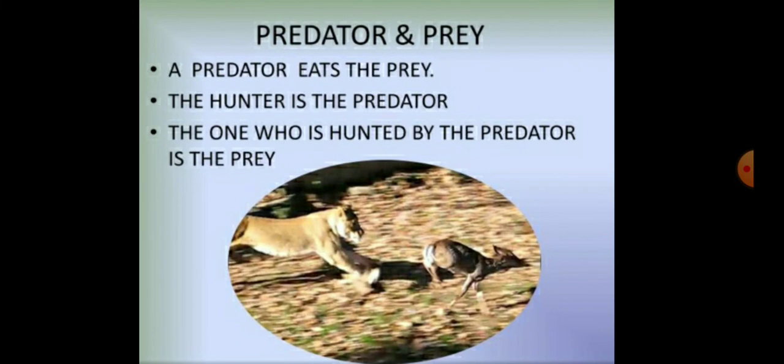Children, what do you mean by prey and predator? A predator eats the prey, and the hunter is the predator. You can see in this picture who is the hunter, and the one who is hunted by the predator is the prey.